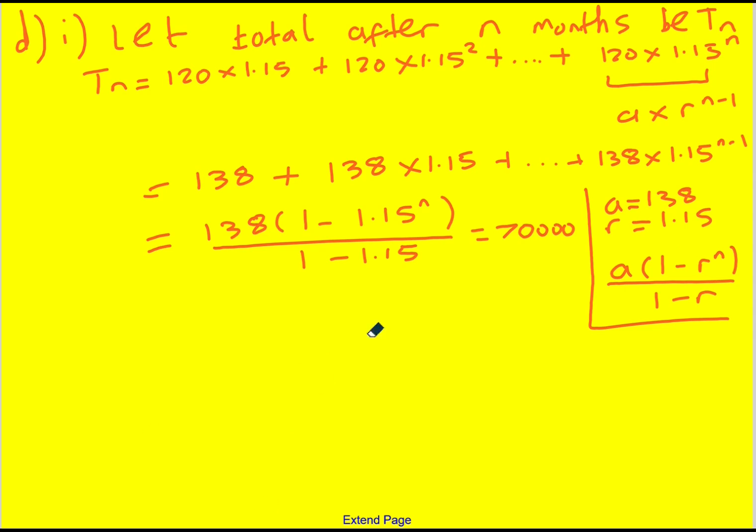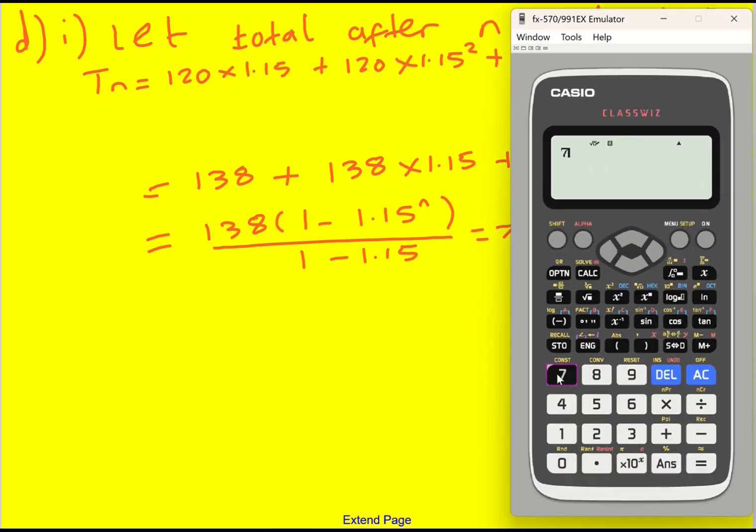Okay, so we just have to solve this equation. Well, I can divide through by 138, and I can times through by minus 0.15.